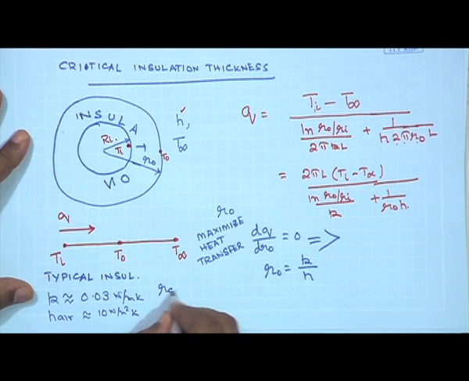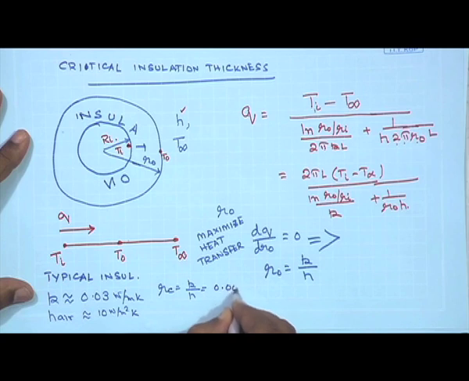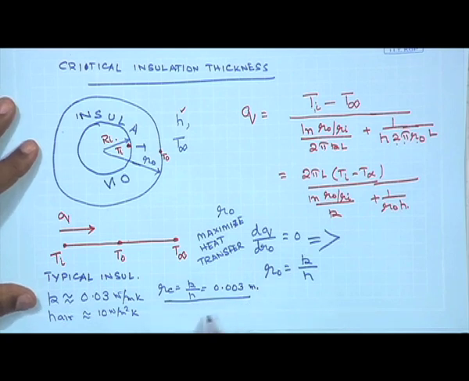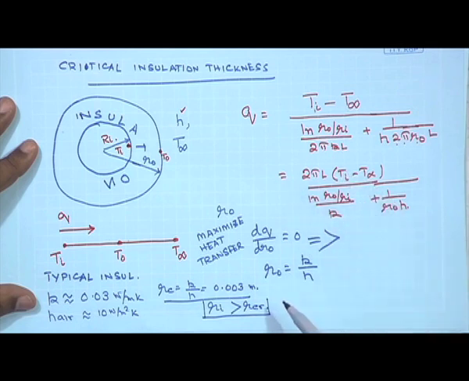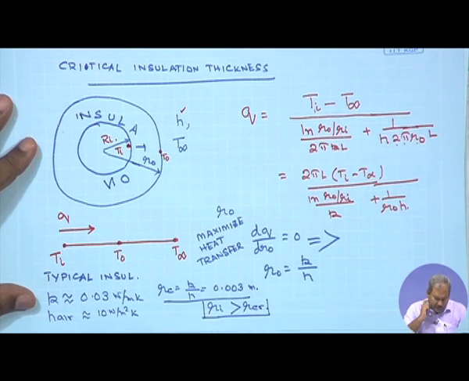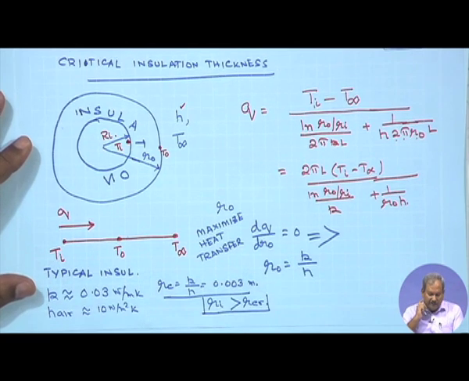So, your R critical would be equal to K by H, which is equal to 0.0033 meter. So, mostly what you would get is Ri is greater than R critical, and therefore, you do not encounter the effect that by increasing the insulation thickness you are going to get enhanced heat transfer.